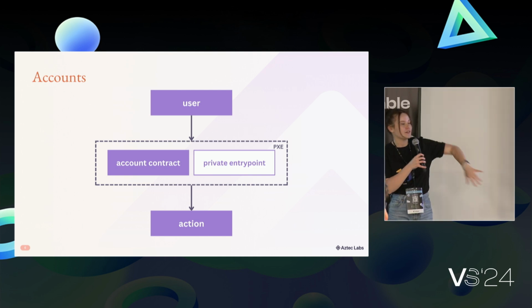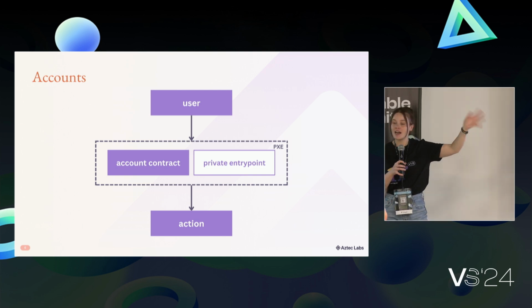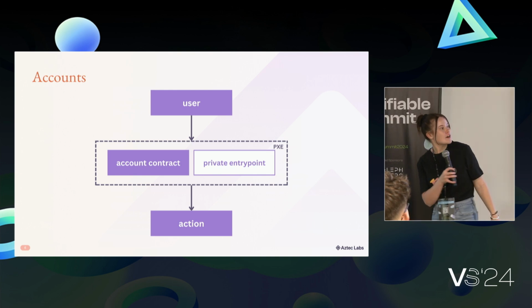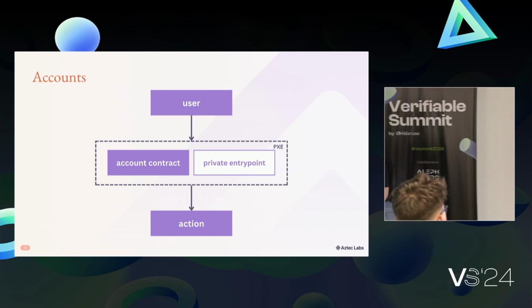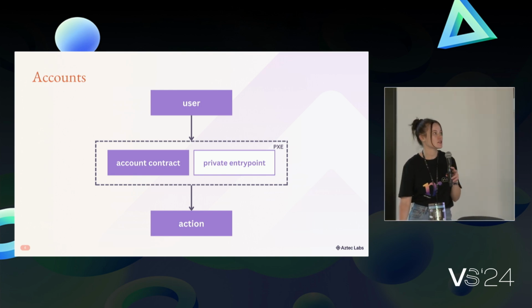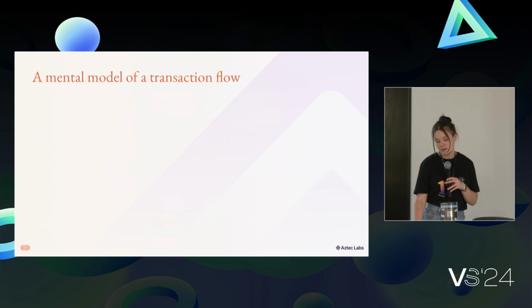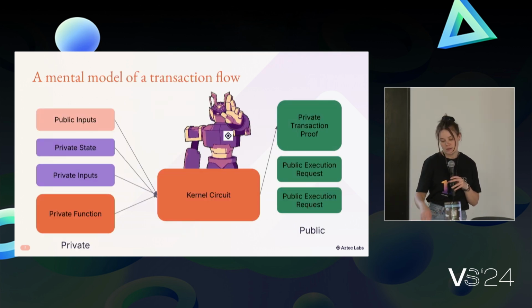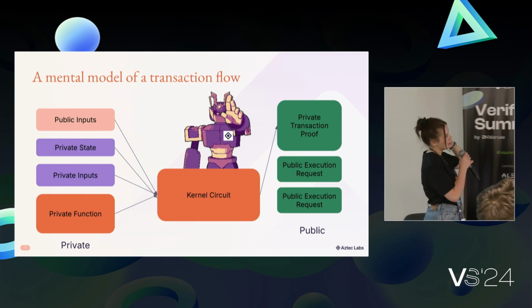So there's a lot of flexibility and privacy that you can have with accounts on Aztec, and it's pretty fun. Anything can really be an account contract, as long as you're calling some sort of private function to verify the transaction.